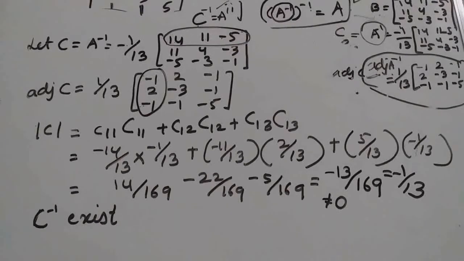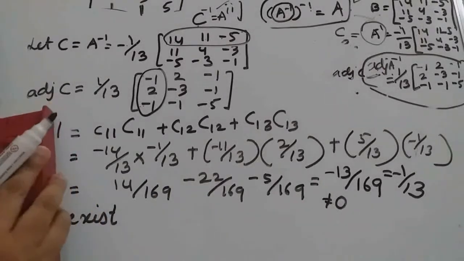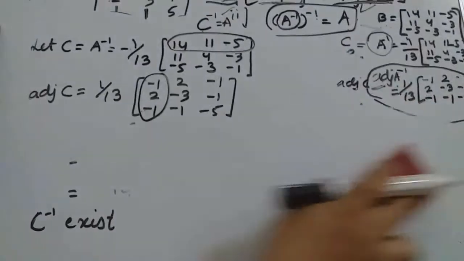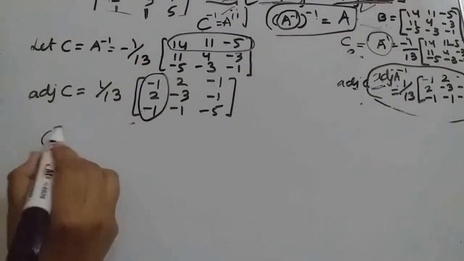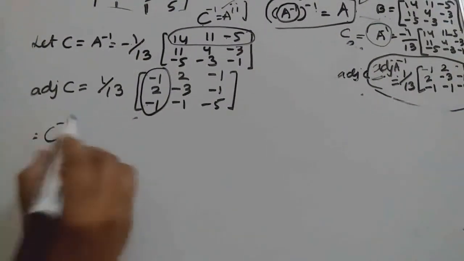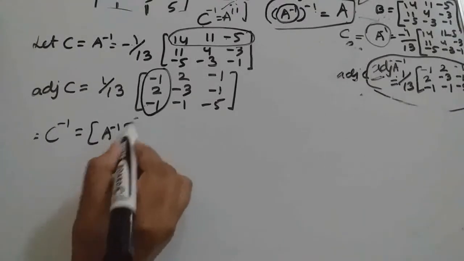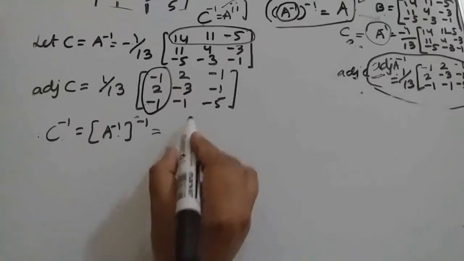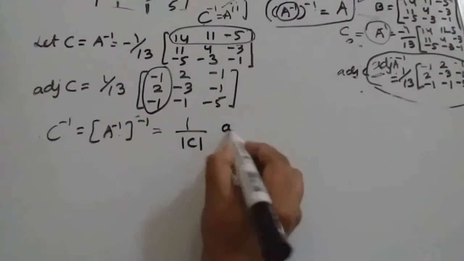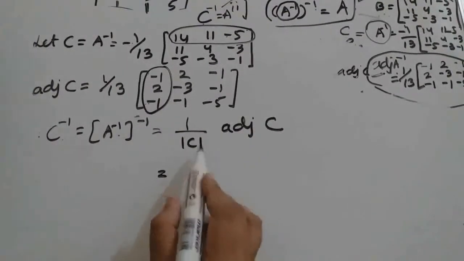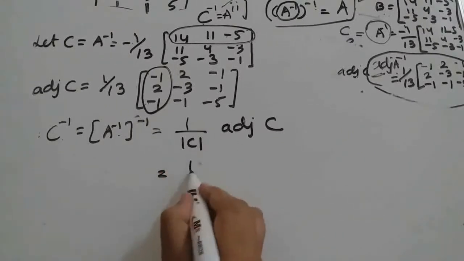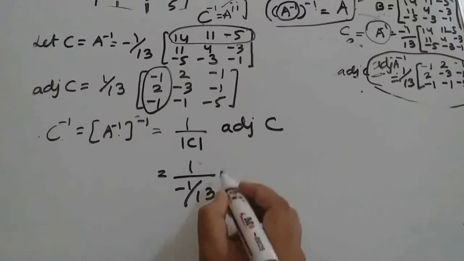Okay, and what will be that C inverse? Determinant C we got as minus 1 by 13. So C inverse, which is A inverse of inverse, isn't it? C is A inverse, which is 1 by determinant C adjoint C. So 1 by determinant C is minus 1 by 13.